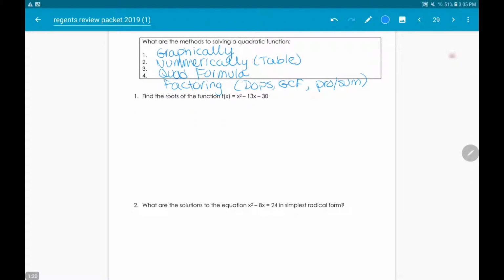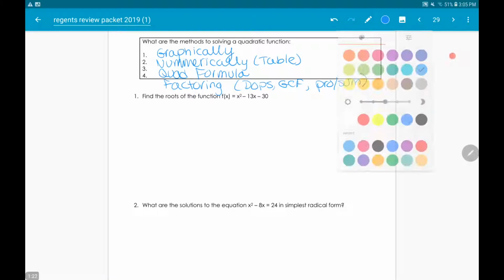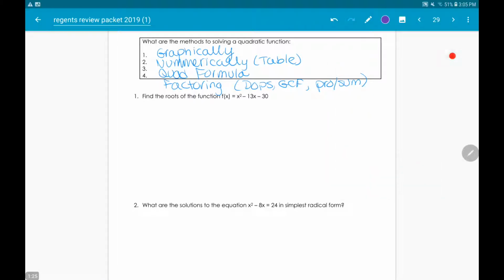Okay, so let's do the first one, factoring, so that we can take a look at that.